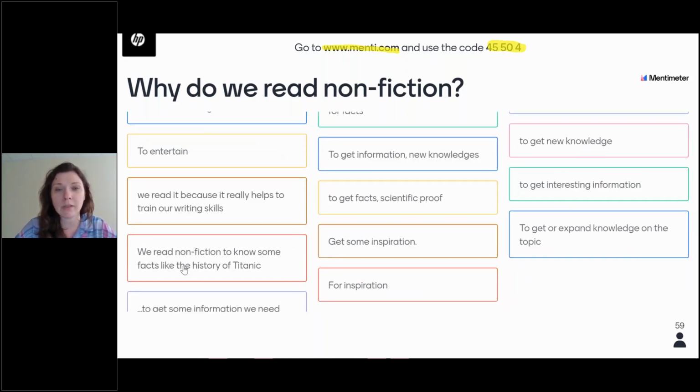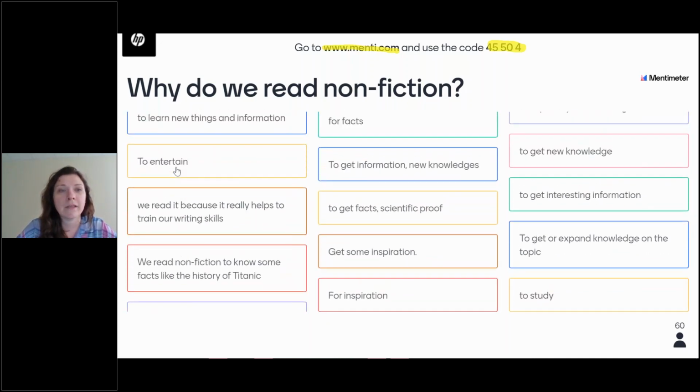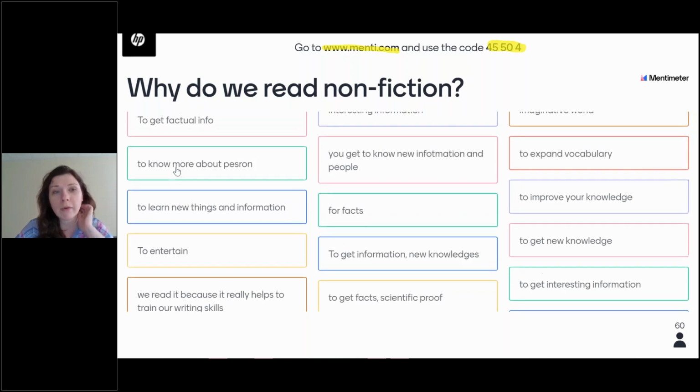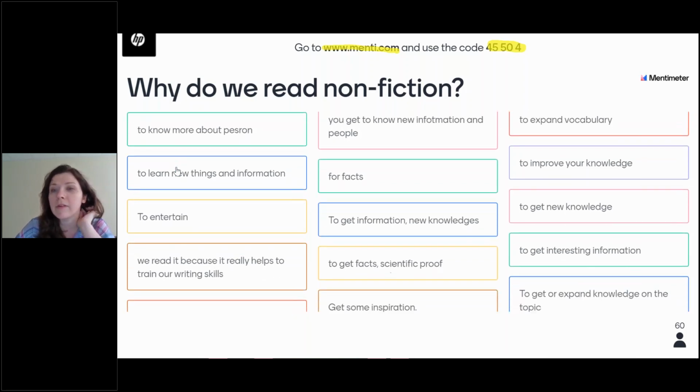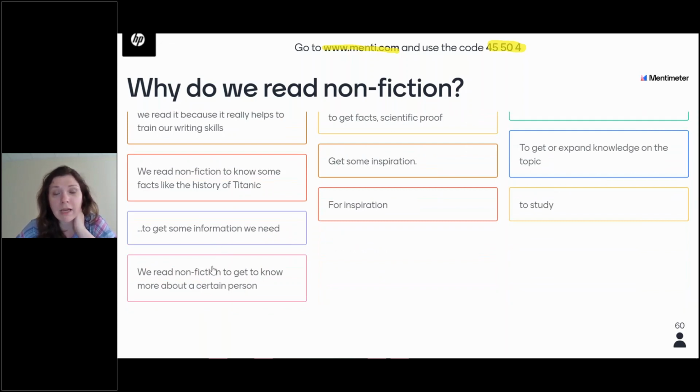That's right, good point. For inspiration, something was from Titanic. To know more about a person, to expand vocabulary, to study for inspiration. That's right. We can read about great people, about great events, and be inspired and understand that real people can do that.